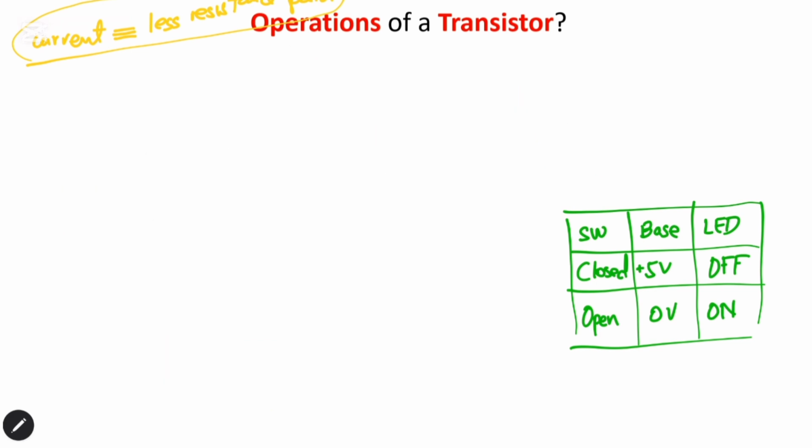In this example, I believe you can figure out what really happens when we apply voltage at the base of a transistor and what will happen to the LED. And we compare with our diagram that we provide on the right.